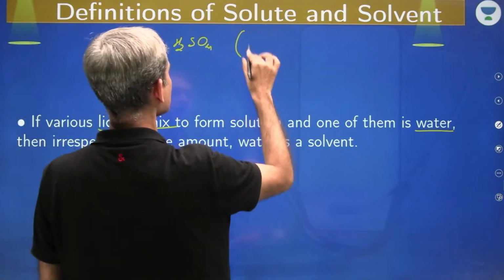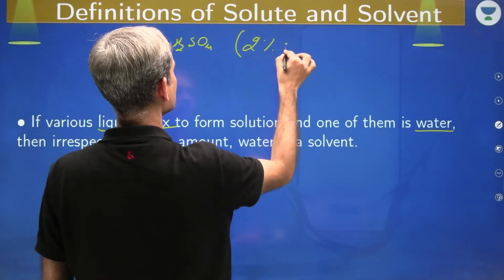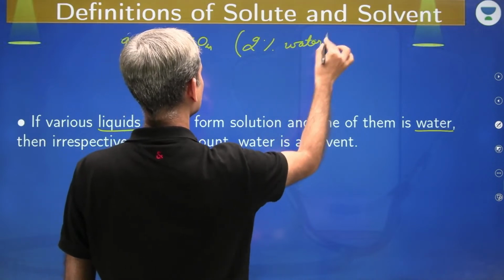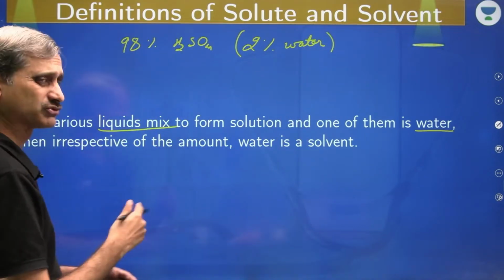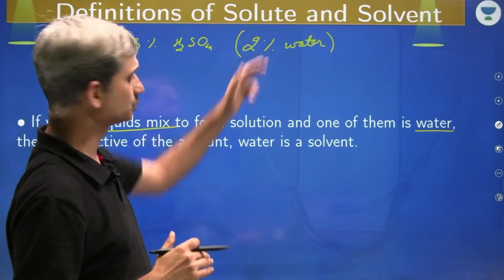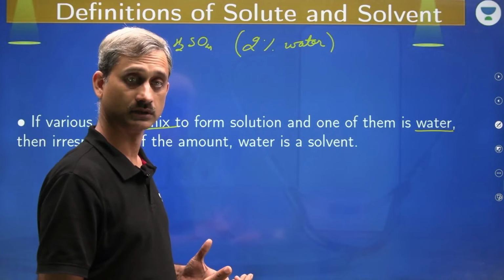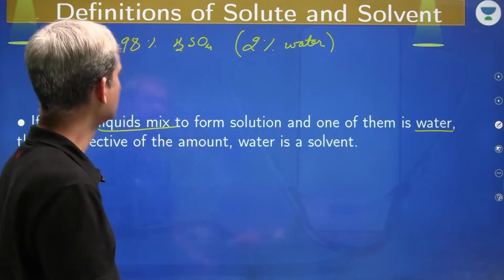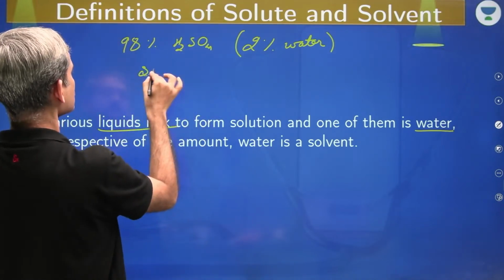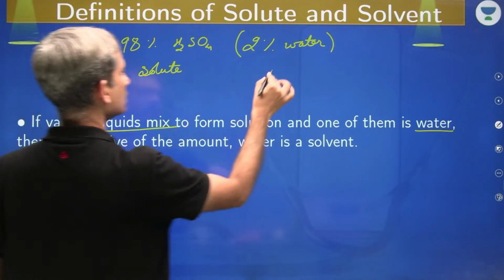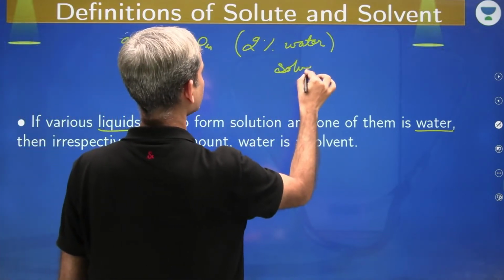Now 98% sulfuric acid is actually 2% water, so sulfuric acid is in a huge amount compared to water, actually 49 times more than water. Still, sulfuric acid is the solute and water is the solvent.